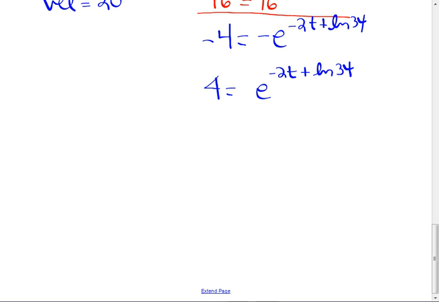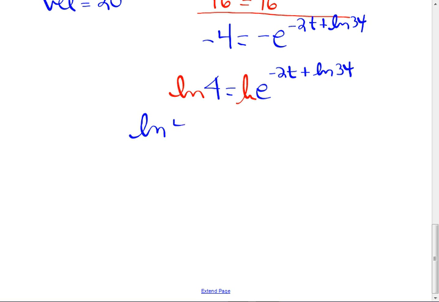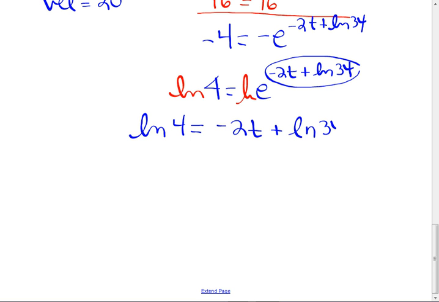You were allowed a calculator. Okay, so we're going to log both sides. But we're not going to use a calculator because we're smarter. So it's the log of 4 equals, what's going to happen to that exponent now? It's going to come down, negative 2t plus the log of 34. Maybe we should have a little more practice working with logs. Solve for t. Yes, you could make these decimals, and then you might be happier.